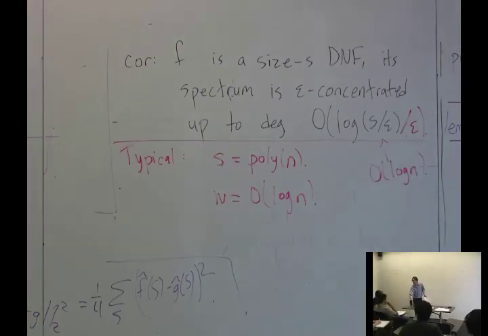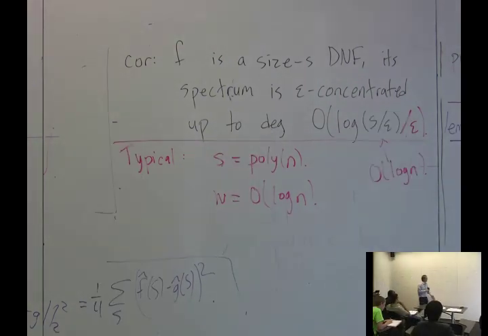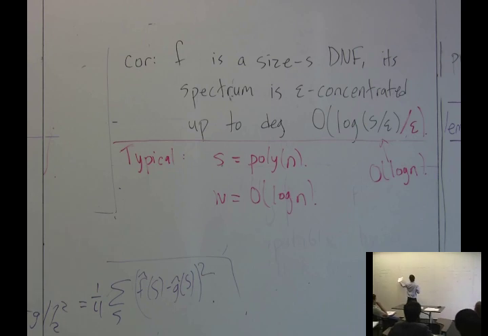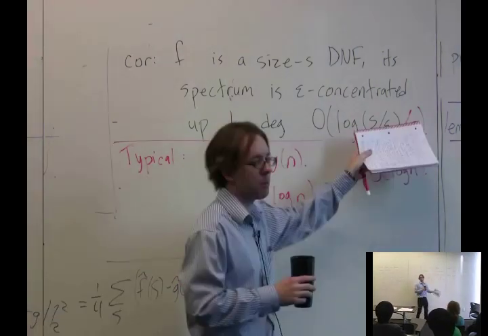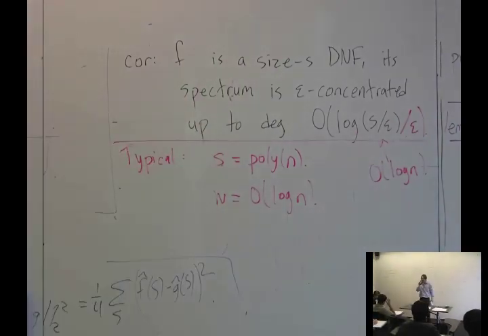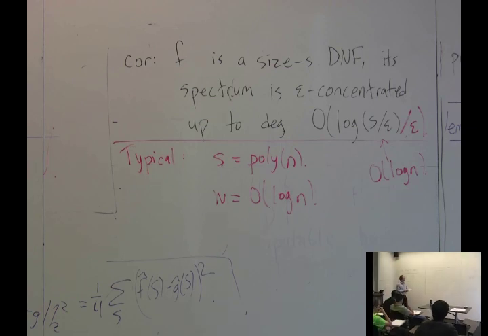Wait, so independent of that? No, sorry. Using this improvement, you can make this log s over epsilon times log 1 over epsilon. Any more questions?